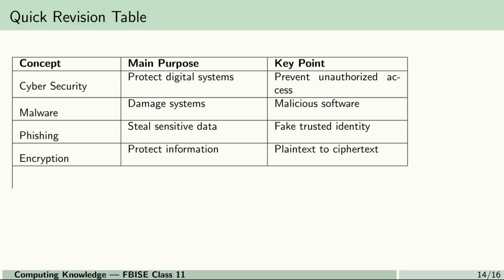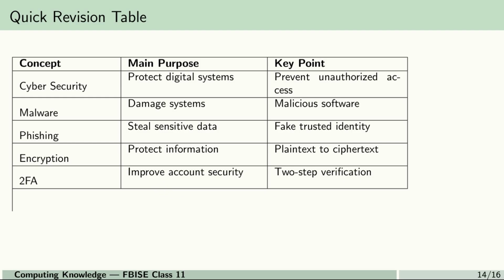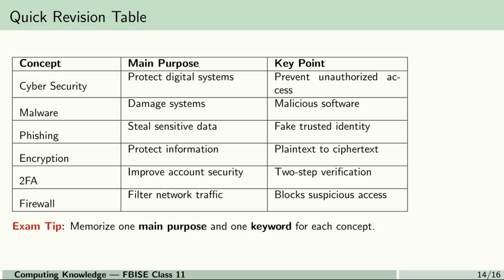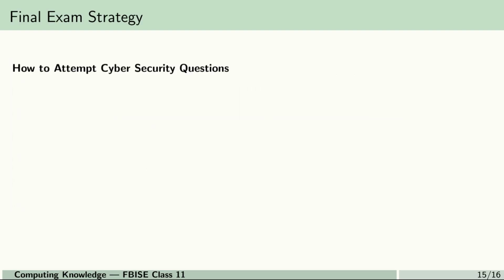Encryption protects information, key point is plain text to ciphertext. 2FA improves account security, two-step verification. Firewall filters network traffic, blocks suspicious access. Exam tip: memorize one main purpose and one keyword for each concept.